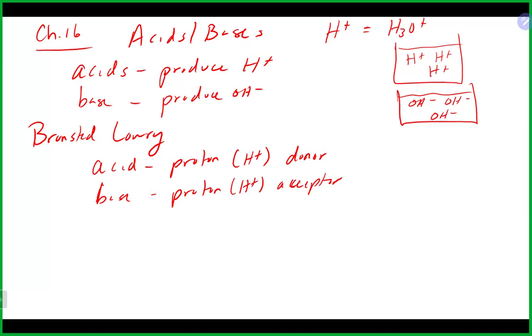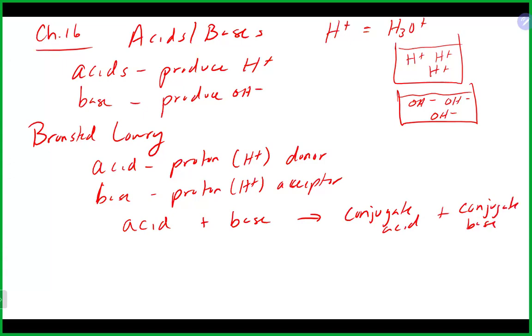And the consequence of the Bronsted-Lowry definition is that you will create partners. So you'll have an acid plus a base, and it will make what is referred to as a conjugate acid or a conjugate base. And these are related to each other.